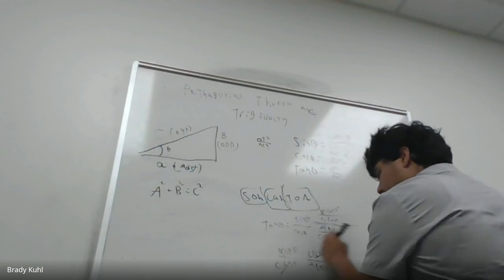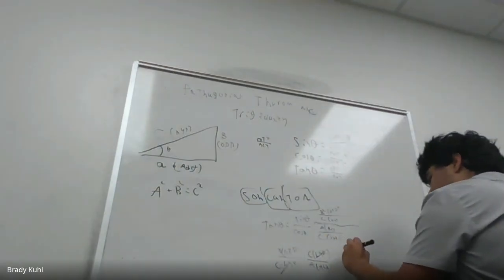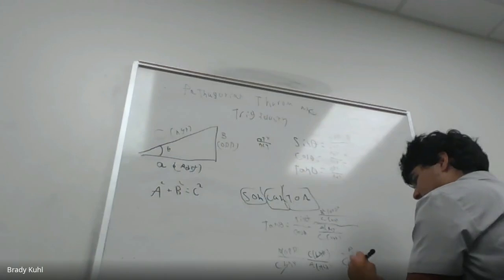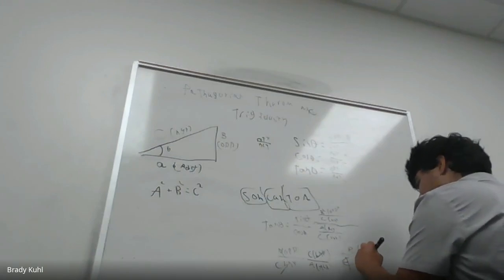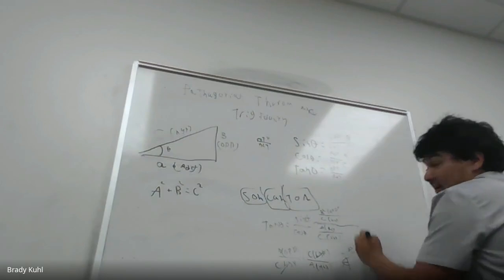Then you cancel out the hypotenuse and you get B over A, or opposite over adjacent, which is why you get that.